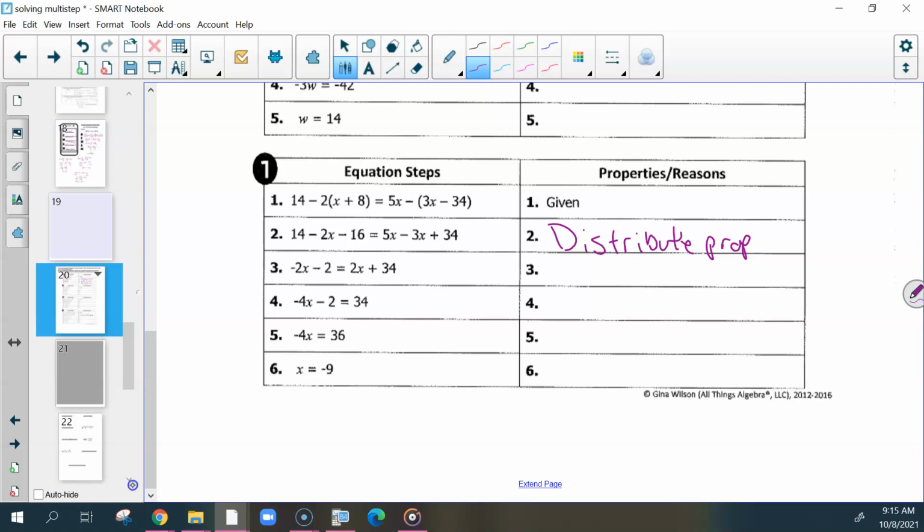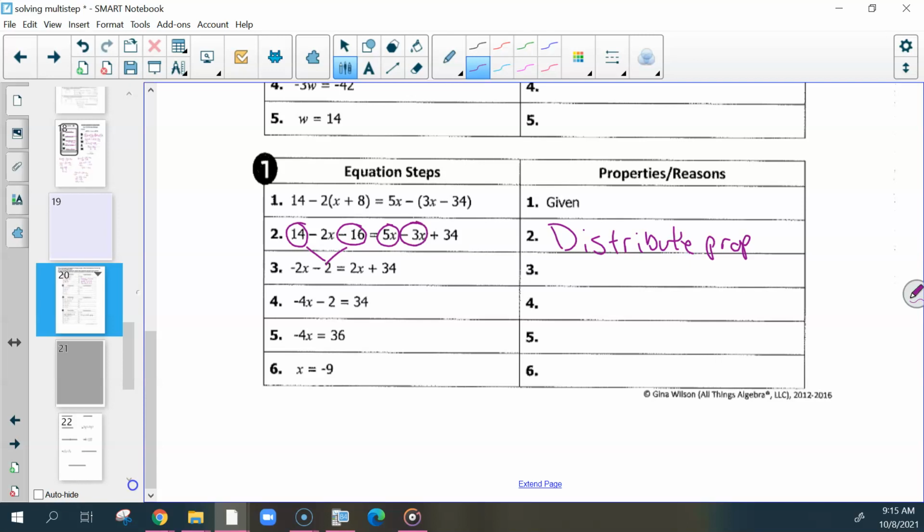We don't have another set of parentheses, so they didn't distribute again. They didn't divide. What did they add? Peyton, what did they add? They added like terms. So I would just say combine like terms. So 14 minus 16 to get the negative 2.